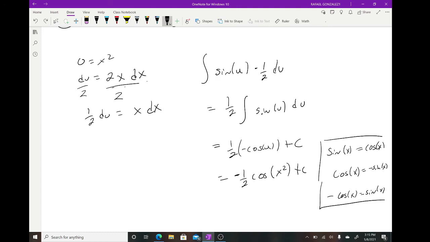You can definitely expect problems that use the mean value theorem, the extreme value theorem for finding the max and mins of functions. You can definitely expect problems that use the first derivative test and the second derivative test in the final. And you can definitely expect problems that use the Riemann sum, the indefinite integral, the definite integral, and u substitution. So these are all of the topics that you can expect to see. And of course, related rates and optimization.